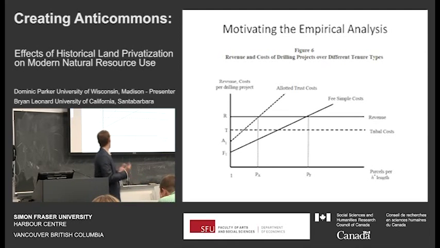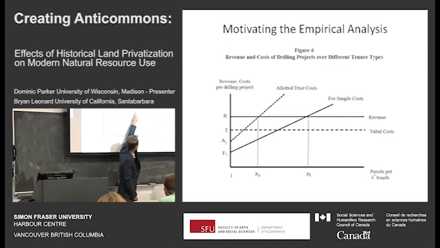And so if you have to go through a bunch of different parcels, at some point the cost of a project through fee simple parcels is going to exceed the revenues. And that's PF here. So we would predict too much subdivision, you ultimately won't have a drilling project here.